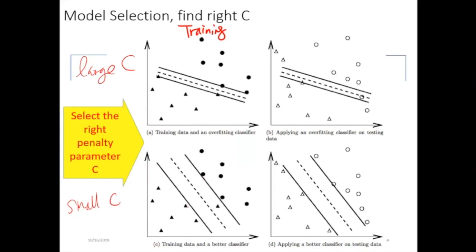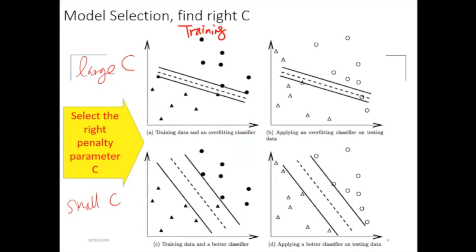If you look at this, yes, it completely separates the two classes. However, the margin is relatively small because you penalize loss more. You leave very little buffer for the size of the margin. You don't allow the margin to be large. Of course this is a little bit speculative, but I'm trying to give you the concept.